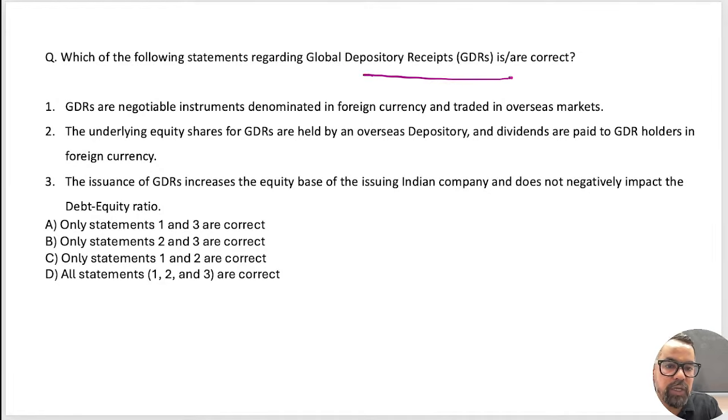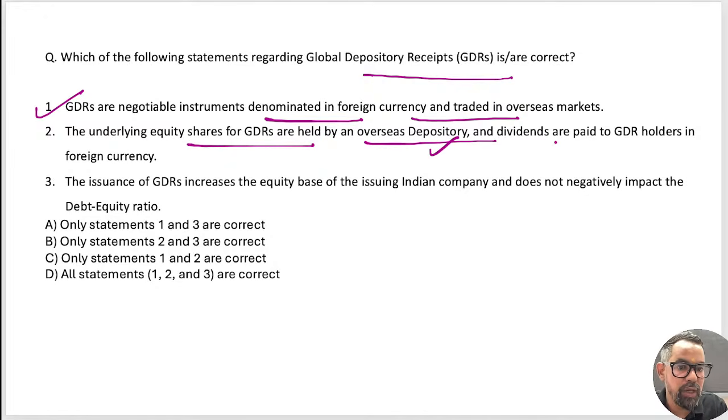Global depository receipt, GDR, and you have to find out the correct one. GDRs are negotiable instruments denominated in foreign currency traded in overseas markets. The underlying equity shares of GDR are held by the overseas depository, and dividends are paid to GDR holders in foreign currency.